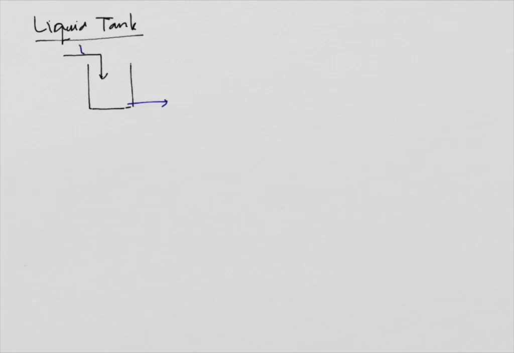We call this the input is Fi and the output is Fo. And then here we have H, the level of liquid, and the cross section of this tank, we call this A.